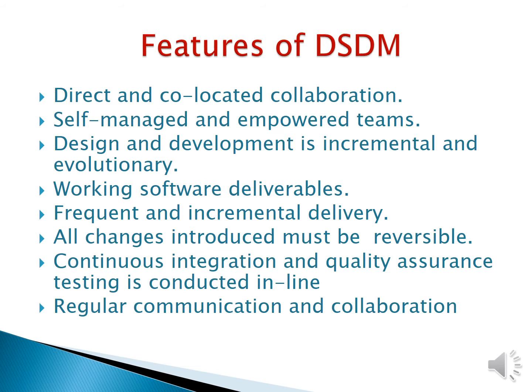DSDM specifically calls out the fitness for business purpose as the primary criteria for delivery and acceptance of a system, focusing on the useful 80% of the system that can be developed in 20% of time.